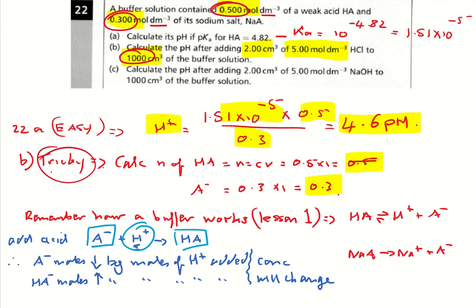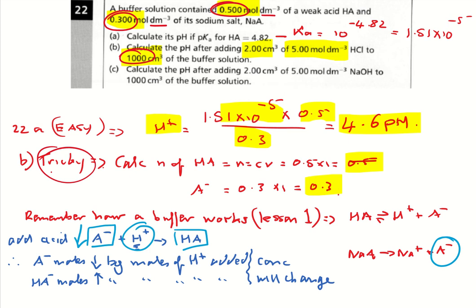So in this instance, I'm adding acid to the buffer, so the A- ions, the salt ions, will decrease by the number of moles of hydrogen ions that you actually add. In other words, this salt here will go down. So this value here for the A- in our equation will decrease by the number of hydrogen ions that we add to the buffer.